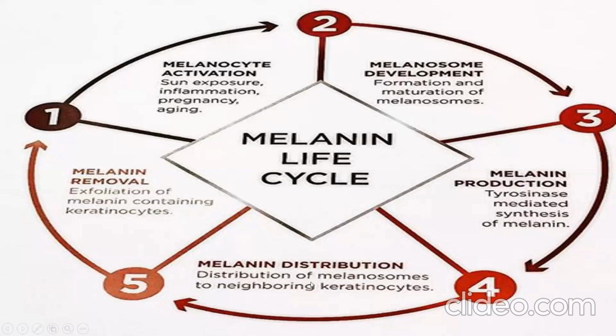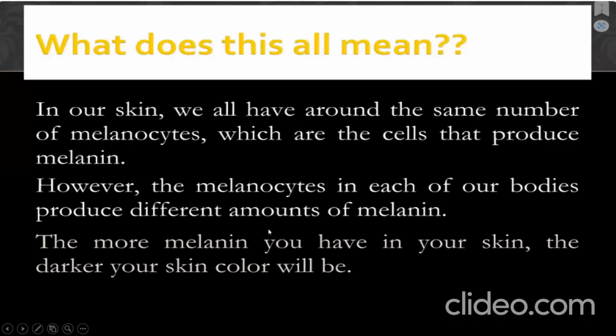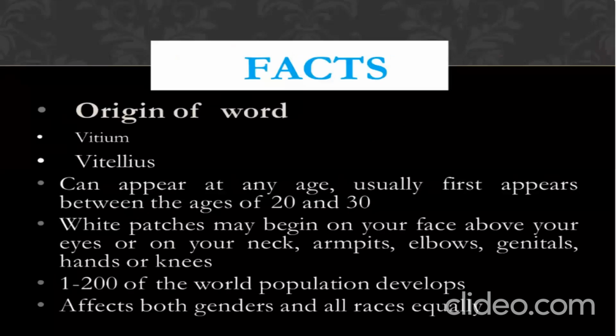After that, this melanin is distributed throughout the skin, and then removed by exfoliation of melanin-containing keratinocytes. We have also seen that the word vitiligo originated from the words vitium or vitellius.